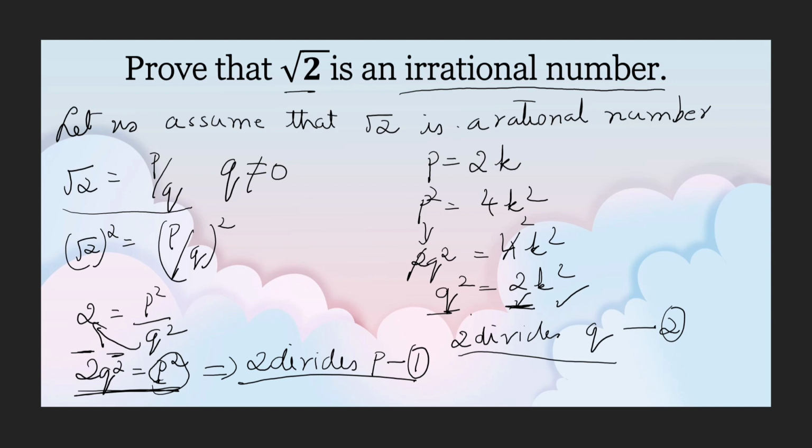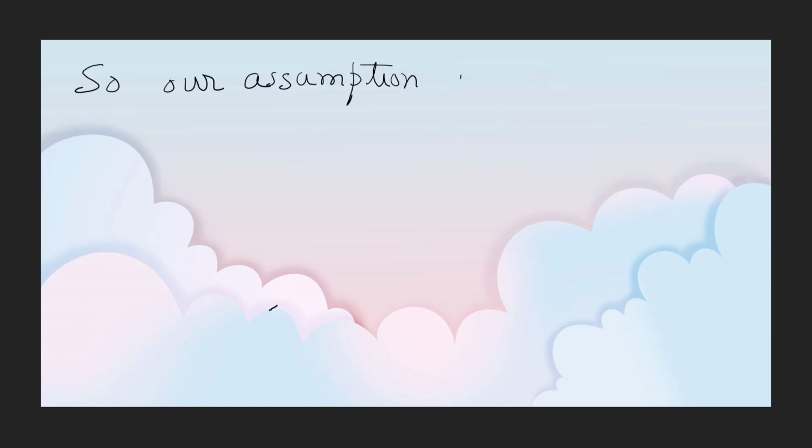Here 2 is also a factor of p. So our assumption is wrong. So root 2 is an irrational number.